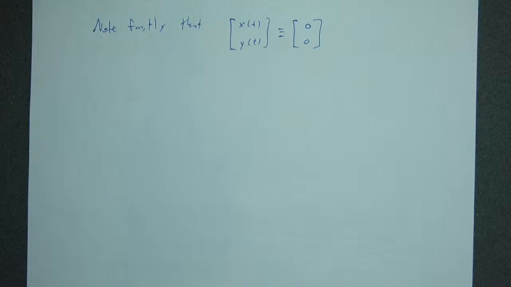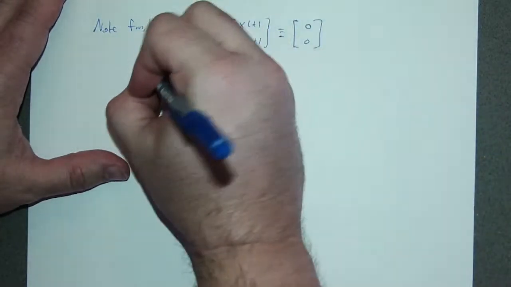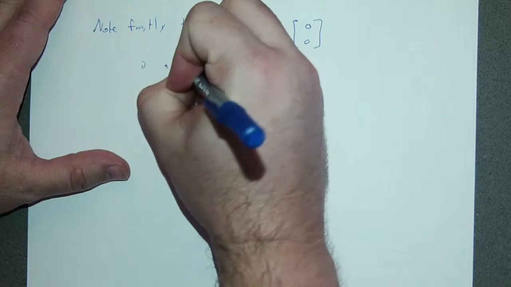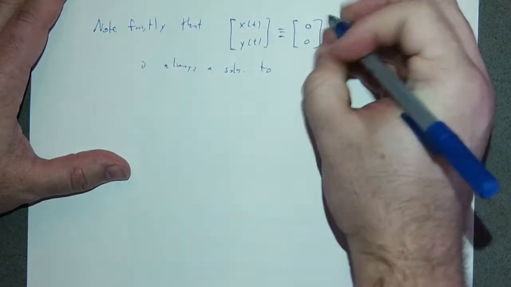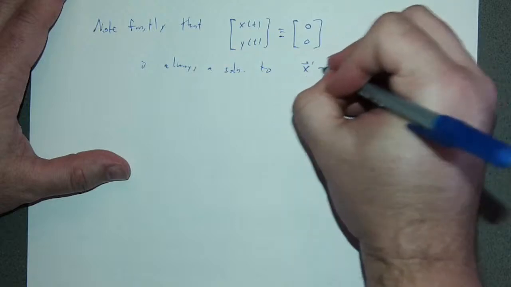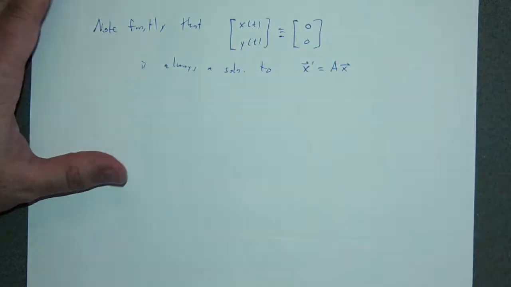Okay. Note that this is always a solution to, I'll write it as x prime is equal to Ax.